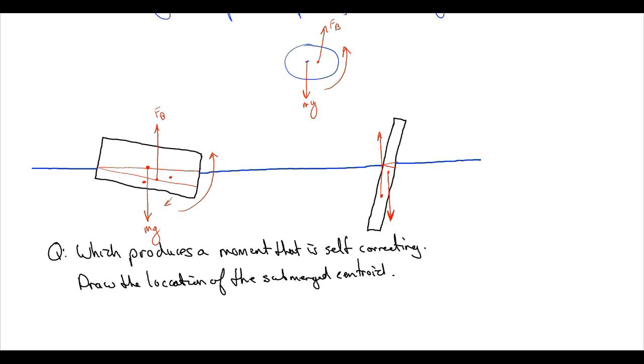And that's going to produce a couple. Right? Now I want you to draw in the direction that that couple is going to rotate this object. Beat me to it. It's going to go this way. So we had a perturbation that rotated our object a little bit that way, and the buoyant force being misaligned from our weight is going to cause it to continue to rotate in that direction until it reaches a new equilibrium, and that new equilibrium is flat along the surface like that.